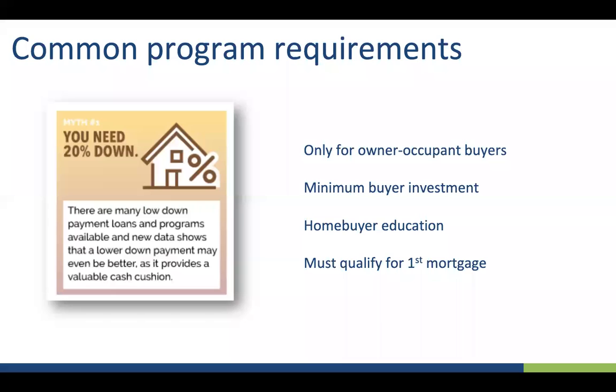Now, we're going to talk about the renter mindset at the end, but one of the myths we hear out there is that a lot of buyers, especially younger buyers, believe they need 20% down to buy a home. And that's just patently false. And we all know that because we're in the industry.